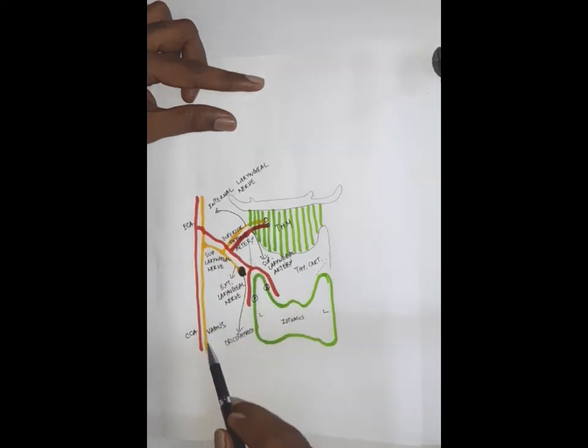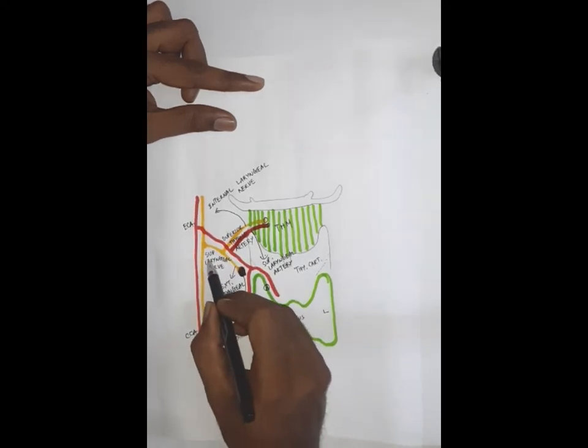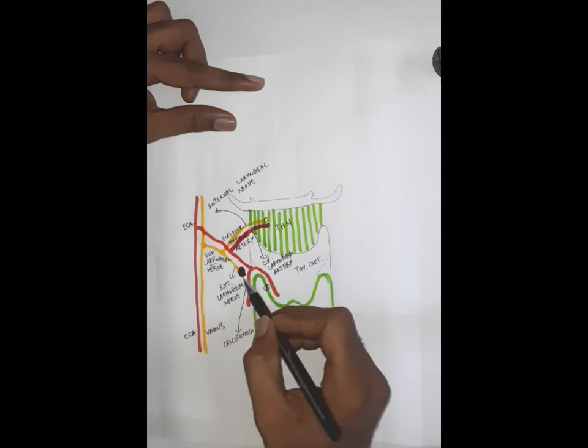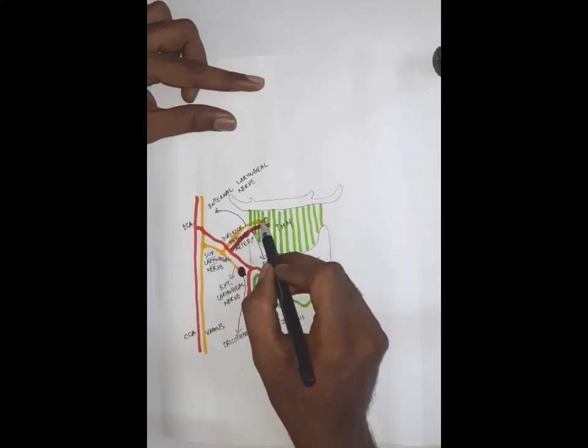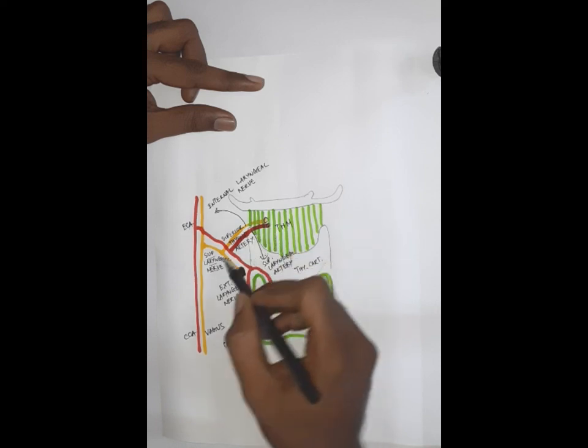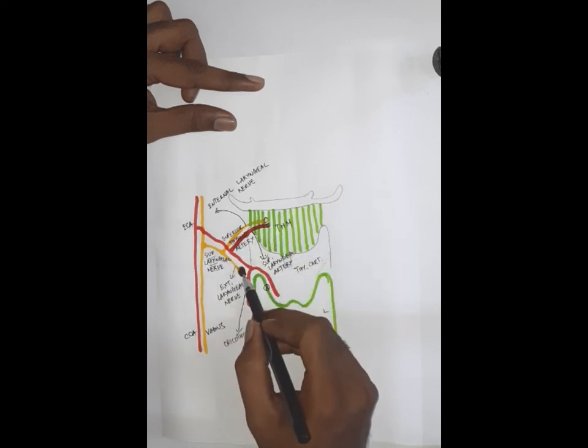The vagus nerve in the neck gives a branch called the superior laryngeal nerve, which divides into the external and internal laryngeal nerves. The internal laryngeal nerve runs upwards and pierces the thyrohyoid membrane, whereas the external laryngeal nerve runs downwards. It accompanies the superior thyroid artery.